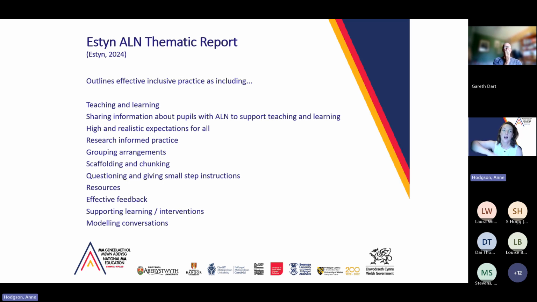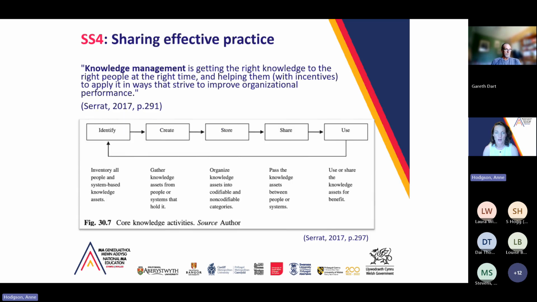And that included quality teaching and learning, sharing of information, high and realistic expectations, research-informed practice, consideration of grouping arrangements, scaffolding and chunking, questioning, breaking things down into small steps, quality and accessible resources, effective feedback, supporting learning with interventions, and modelling conversations. So there are lots of those threads that we can see are considered effective inclusive practice.